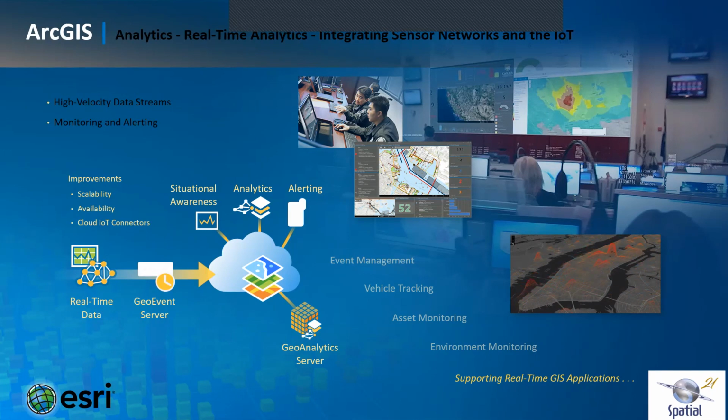This is commonplace now in many organizations. They have become real-time using the GeoEvent server. They can bring data live in their situation rooms. They can manage events. They can track their vehicles. They can do all sorts of asset monitoring on a real-time basis.